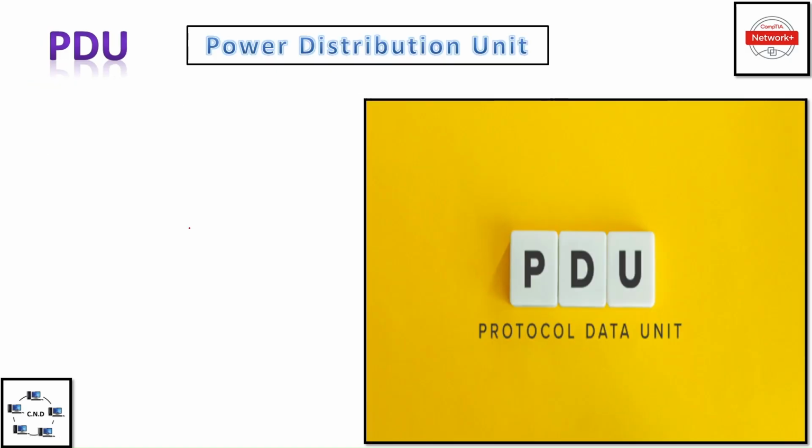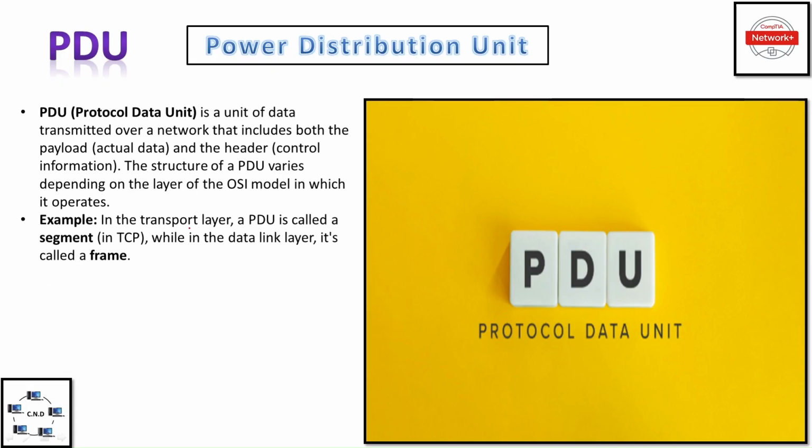PDU, that is Protocol Data Unit. So PDU, Protocol Data Unit, is the unit of data transmitted over a network that includes both the payload, meaning the actual data, and the header, which is the control information.